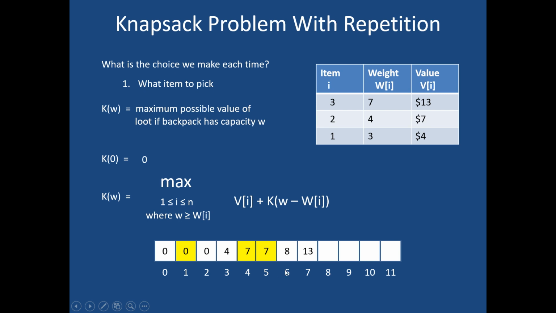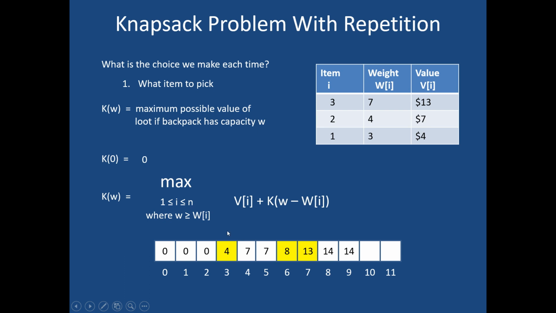Okay, this box depends this way. So if we take an item 3, that's 0 plus 13 would go here. Or we could take 7 plus 7, which is 14, or 7 plus 4, which is 11. So we get to 14. Okay, this is either 13 or 7 plus 7, which is 14, or 8 plus 4, which is 12. So that's another 14.